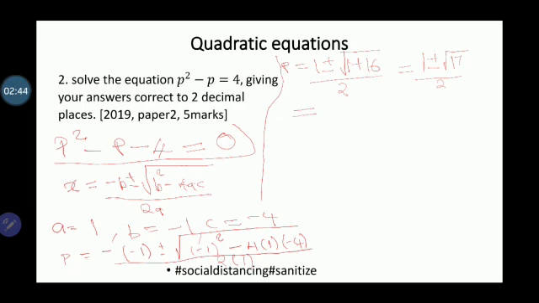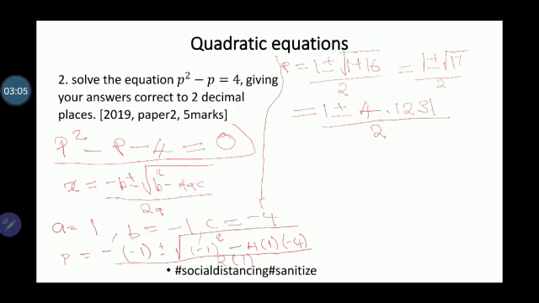And this is equal to 1 plus or minus the square root of 17, which is 4.1231, 4 decimal places or more, that's what is required, over 2.